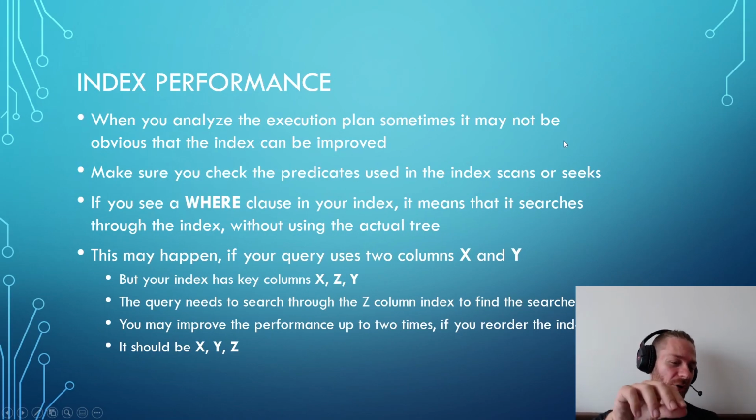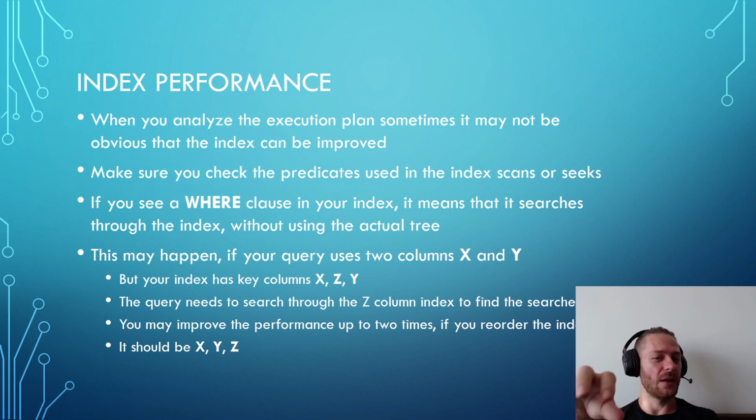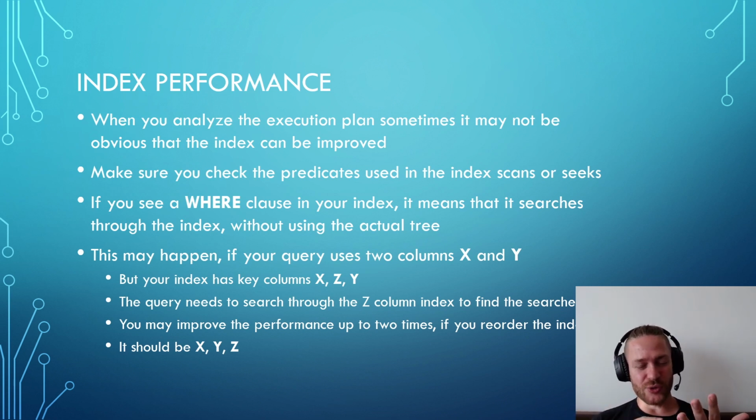If you hover on the execution plan and just hold the mouse there, you will see a predicate text. It's very easy to spot, and you will see what the predicate does, whether it finds the columns by using the index or whether it's searching through all the columns. If it's searching through all the columns, that's problematic. But if it's searching through the index, that's what an index is for.